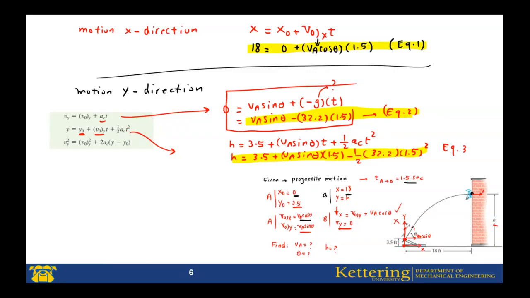Take the second equation. For example, from this equation I can find Va, then plug it into this equation, then I have one unknown, theta, which I can find.